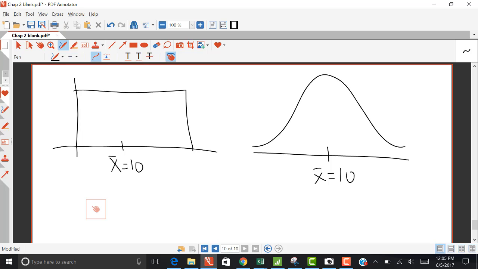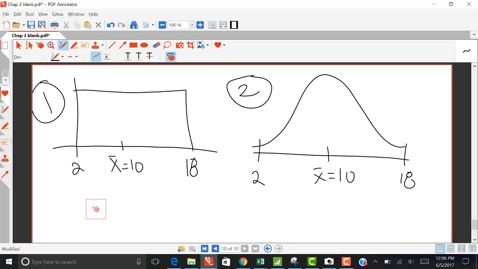Let's put this at 2, let's put this at 18, and similar things going over here. So they take on the same types of values, their mean is the same, but which one has a larger standard deviation? I want you to think about that for a second. Let's label this 1 and this 2.